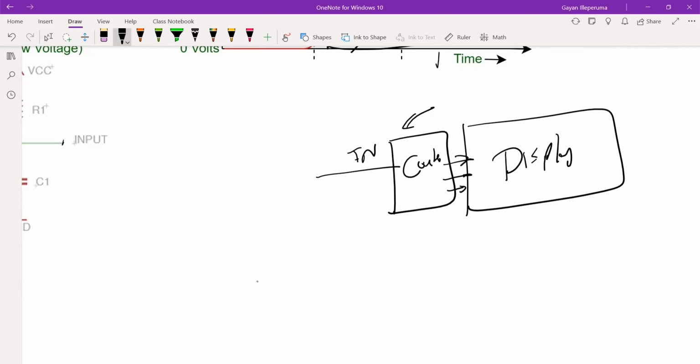So what this counter does is, each time it receives a pulse like this, it will increment the count by 1 and show it in the display. Right? And since you asked for a resistor, we put the resistor as well for safety. And you have, let's say, a push button or a switch. Like this. If you want, you can have a push button as well, connected to 5 volt.